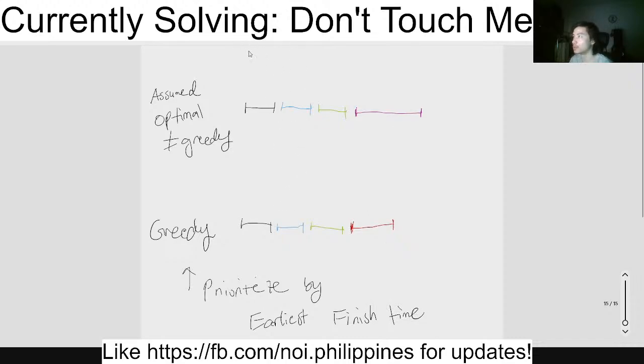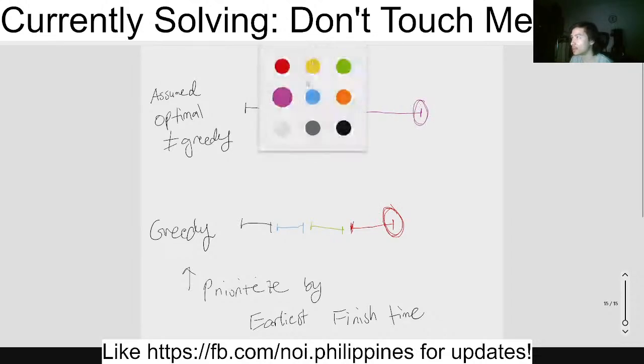We know that this finish time has to be smaller than that finish time, because that's what the algorithm did. It picked the earliest finish time. Then there are some other intervals there that we didn't consider yet. Maybe they're the same still, maybe they're different, but there are some other intervals there.